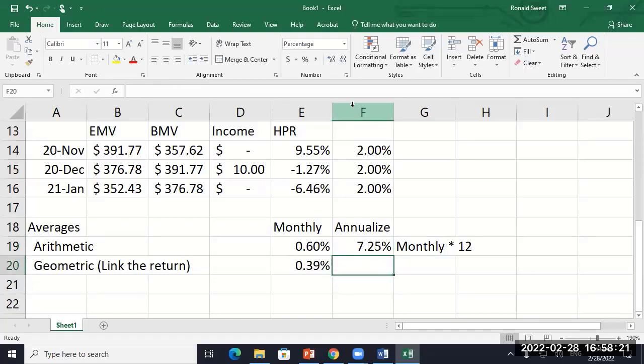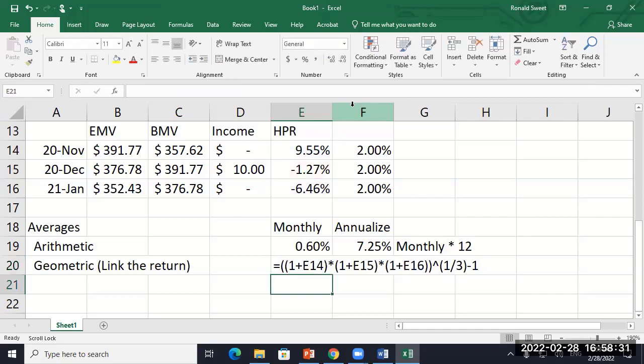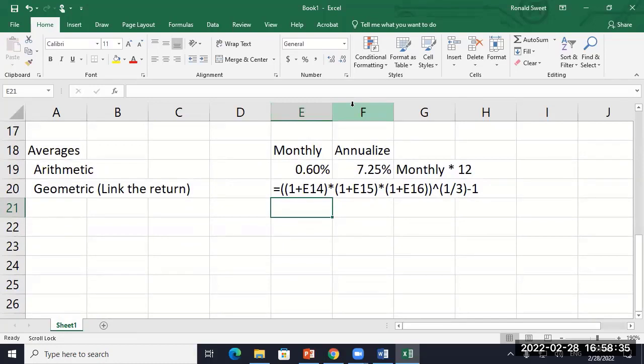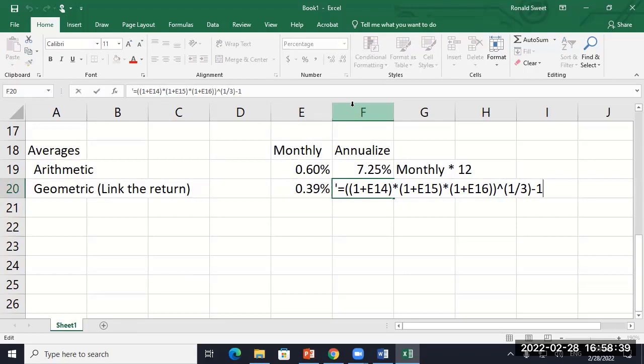All right. How do we annualize the geometric? Well, watch this. I'm going to take this entire formula. Uh-oh, I hit the scroll button by accident. We're going to make one change to this formula. What do you think that change is going to be?